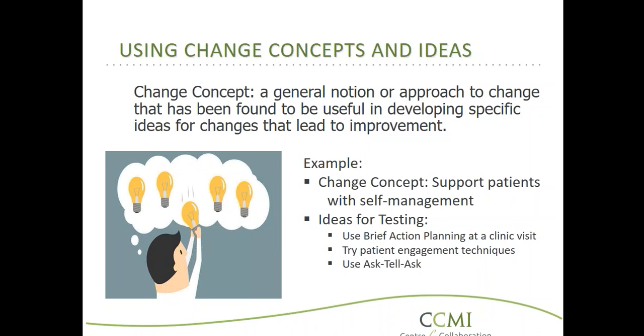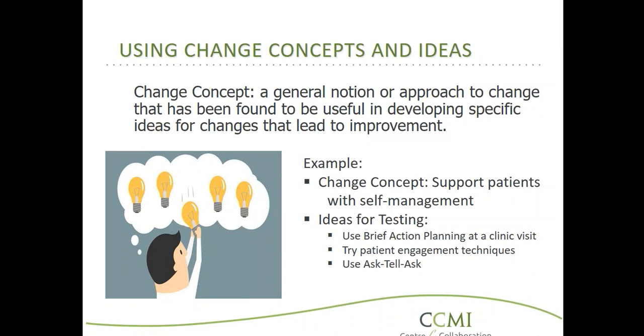So some of the ideas around supporting patients with their self-management might be to use brief action planning, which you heard about in a previous webinar. But for those of you that are new to this, it's basically a very rapid algorithmic way to go about helping patients set a goal that they choose for improving their health and an action plan related to that goal.